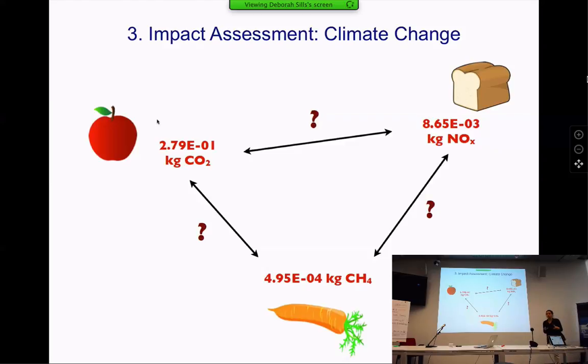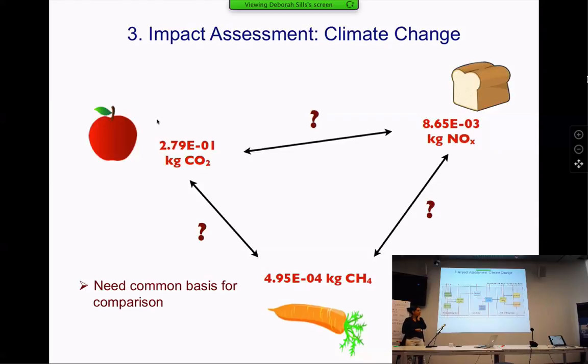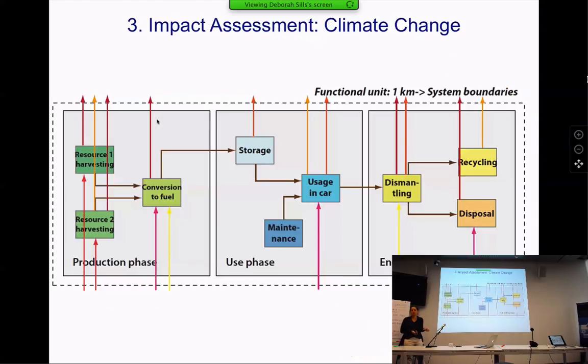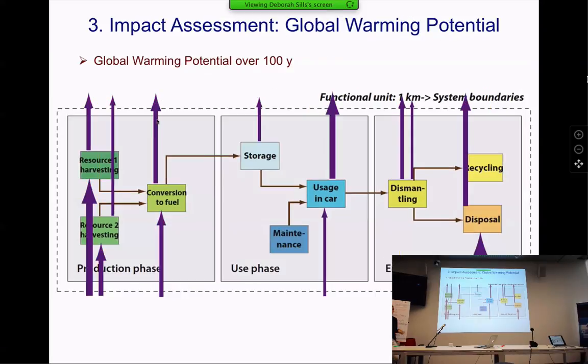And that's because different gases have different abilities to trap heat. And so we need a common basis, and the common basis that's decided on actually makes sense. Most of the global warming emissions are CO2. So if I want to normalize all of these to one basis, which is CO2, I have to apply weighting factors to these emissions.